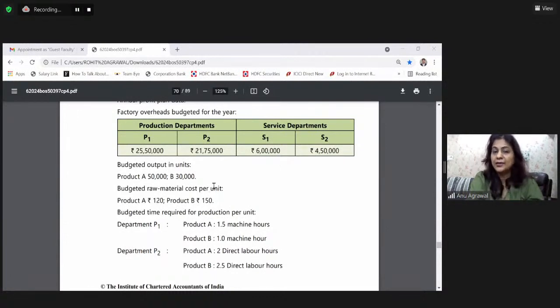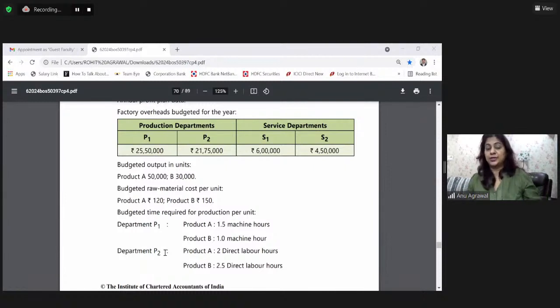What do I need to do? I need to first find out the budgeted rate. How are we going to do it? Budgeted output of product A is 50 and B is 30. Budgeted time required per production unit for A is so many machine hours, for B so many.